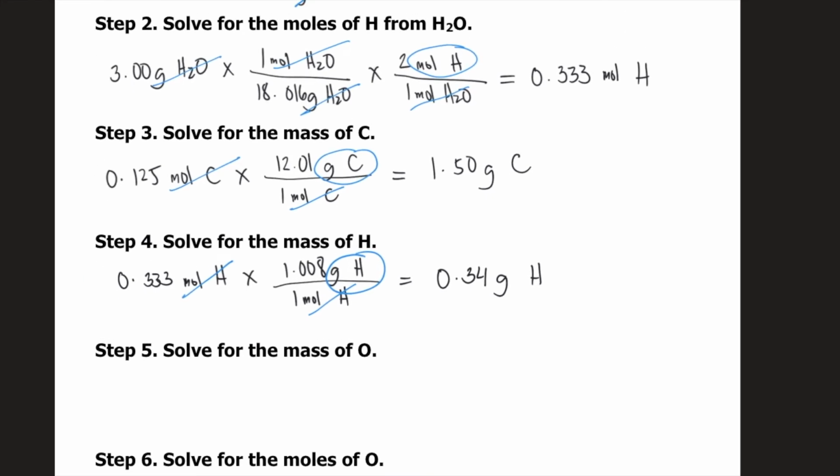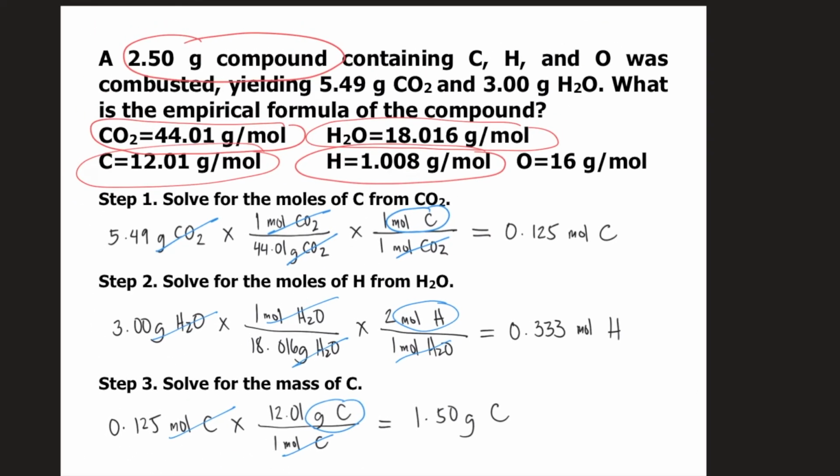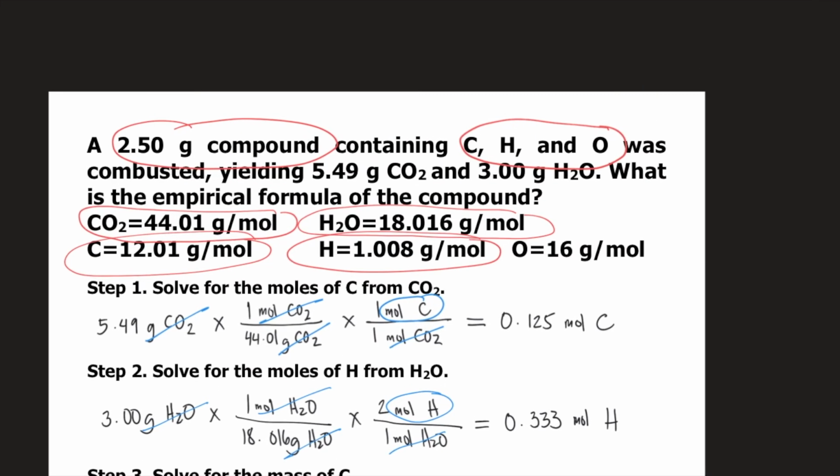So we start with 2.50 grams of compound. And according to the problem again, the compound only contains 3 elements: carbon, hydrogen, and oxygen.